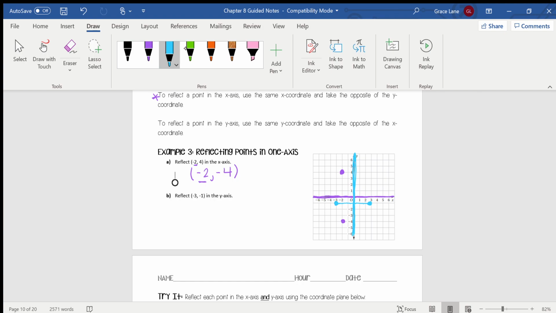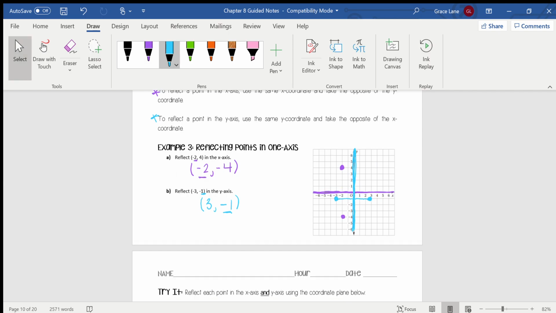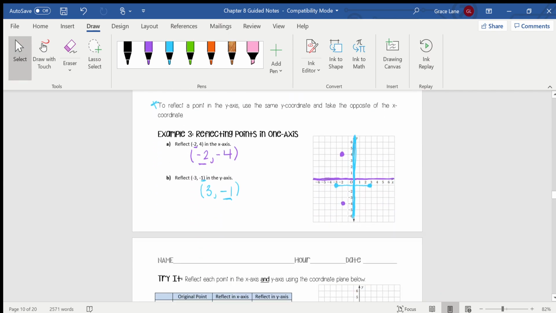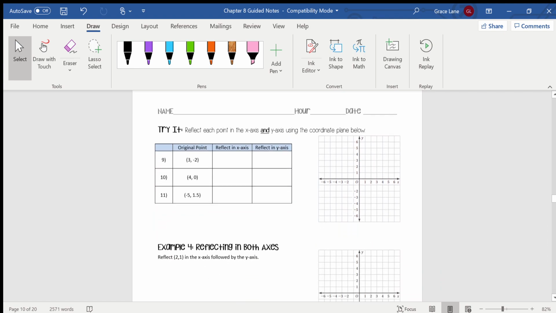And so your new point would be 3, -1. So this says to reflect a point in the y-axis, use the same y coordinate, take the opposite x coordinate. So the same y would be -1, and the opposite of -3 is +3.